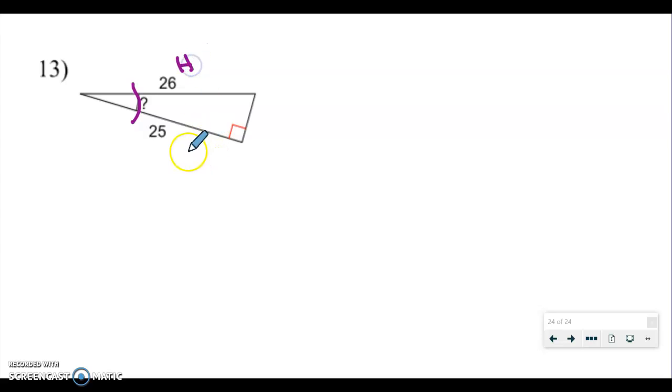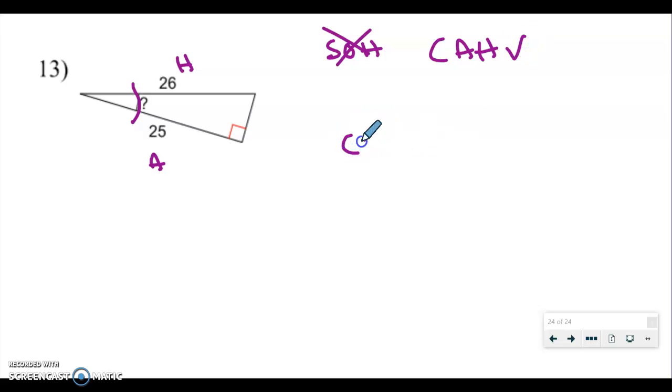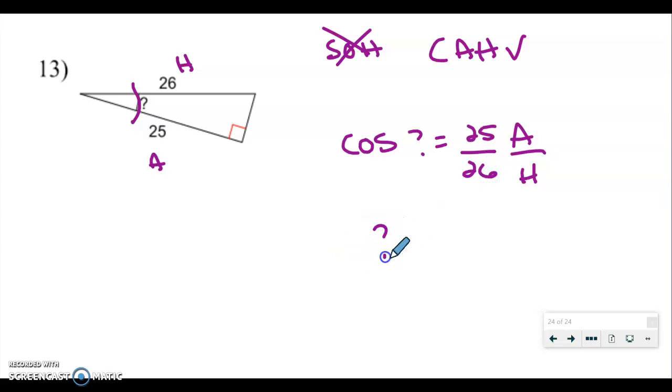26 is the hypotenuse. 25 is the adjacent. SOH, nope, CAH, yes. So we're going to be looking at cosine of the missing angle measure is adjacent over hypotenuse. So that's 25 over 26.